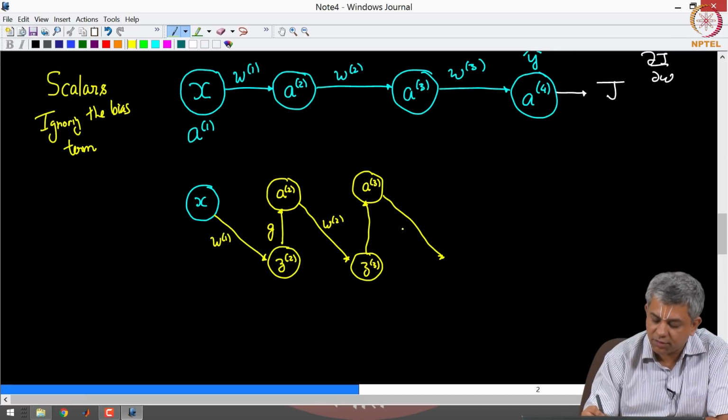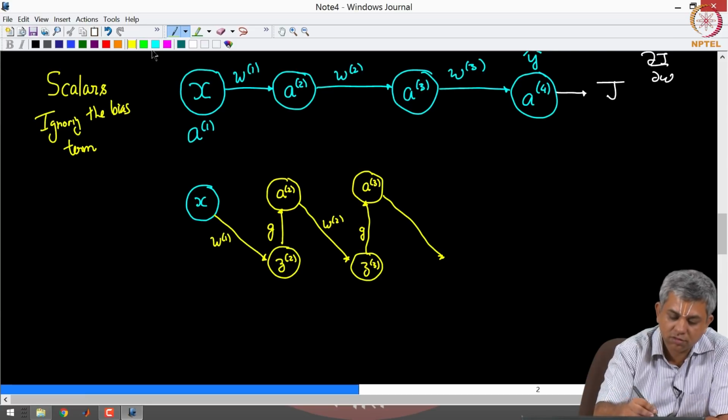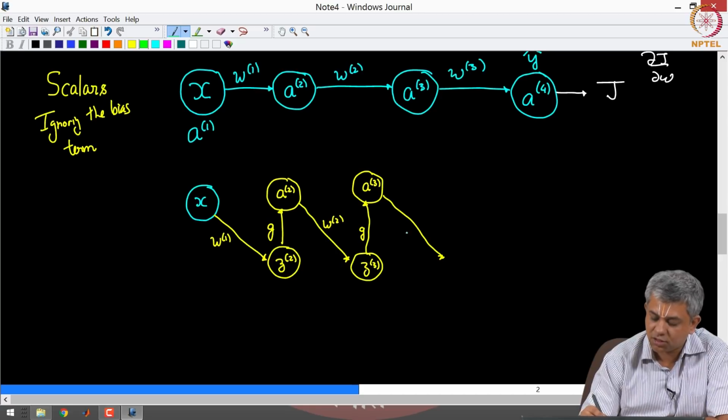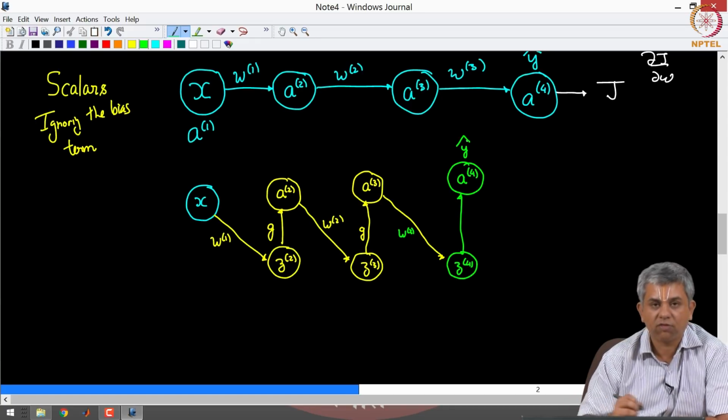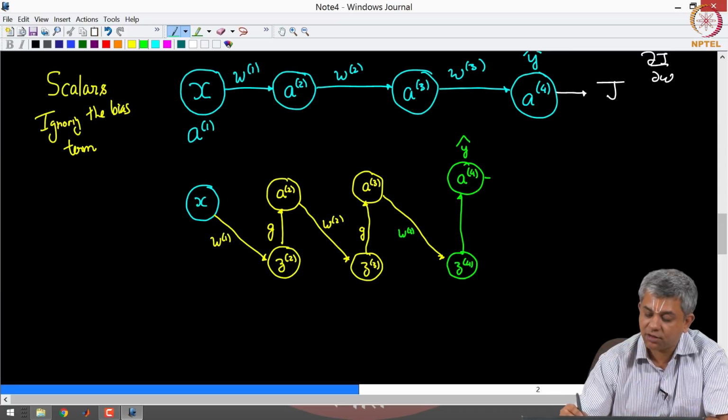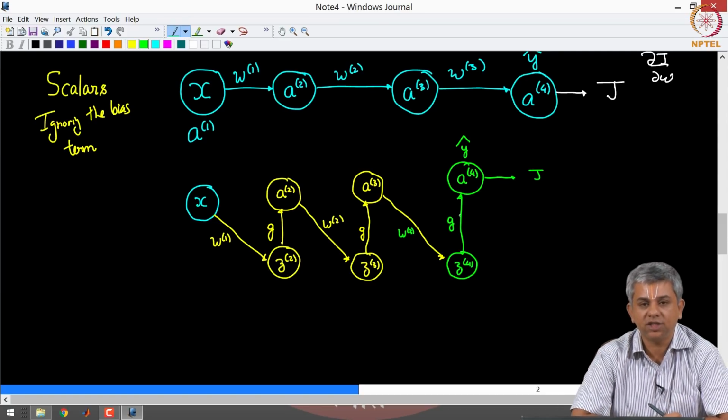Similarly here, so let us put a G here also, I will change colors. You have the weight W3, get Z4, go back here, get A4, A4 is the same as y hat, and I get J here. This is the non-linearity G.